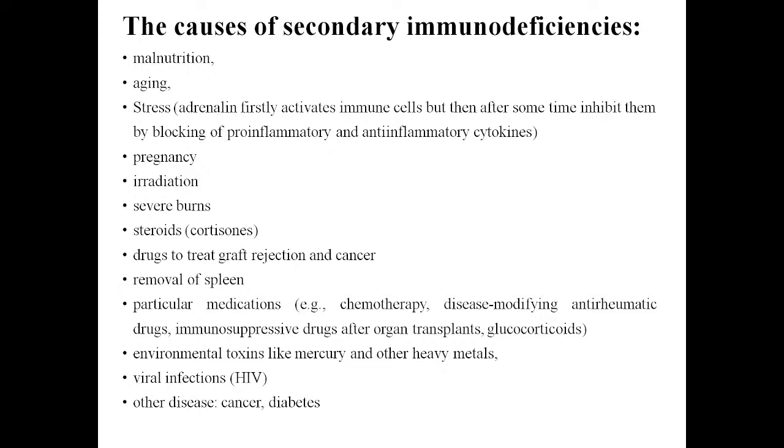You know that in stress some hormones are produced, stress hormones like adrenaline, noradrenaline and cortisol. Adrenaline, firstly, activates immune cells, but after some time, when stress is long lasting, the produced adrenaline inhibits immune cells by blocking pro-inflammatory and anti-inflammatory cytokines.